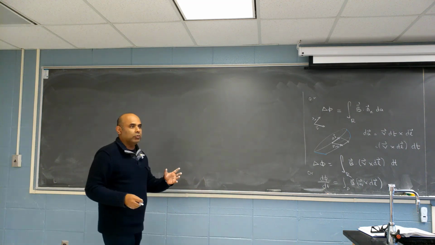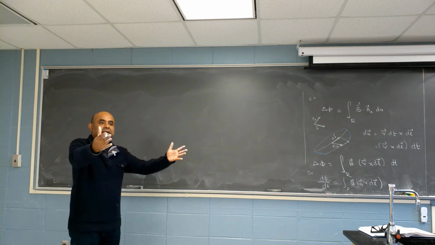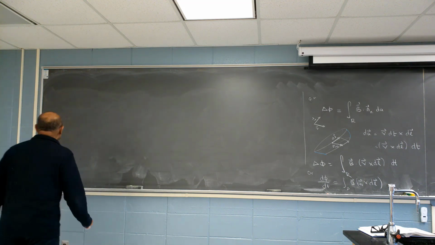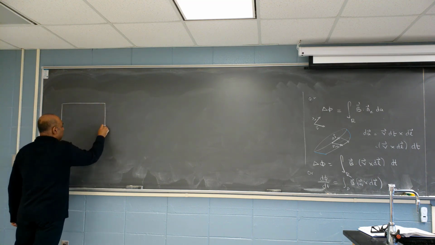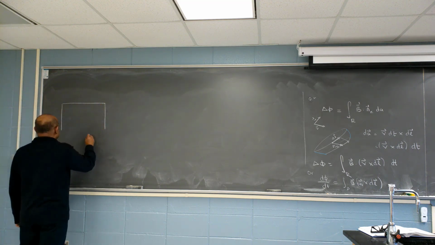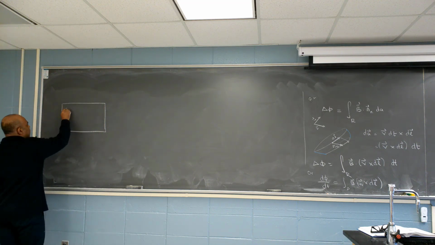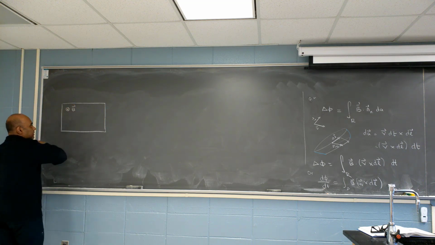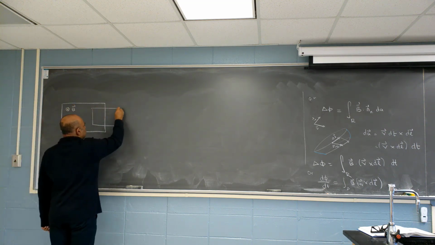But it's true if the circuit is not moving, but the magnetic field is changing. So suppose I do this. And there's a very important lesson to be learned here. So this is my region of magnetic field. Let's say it doesn't matter, but let's say it is this. And I have my loop here. Maybe connect it to.